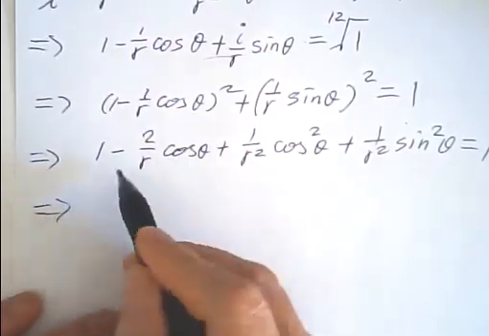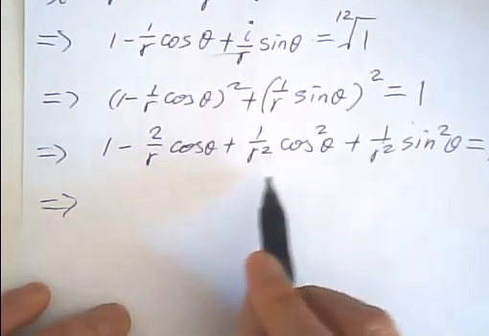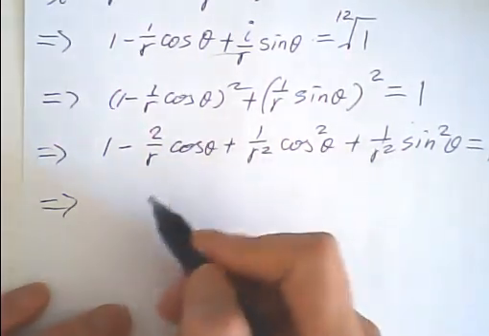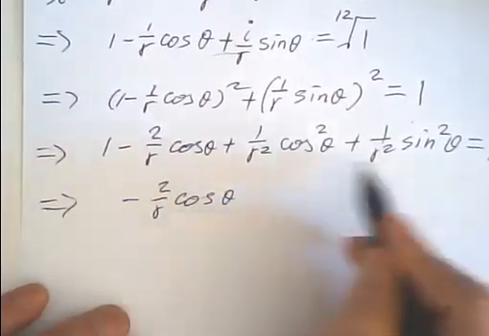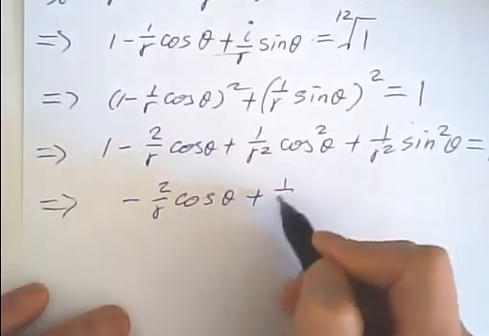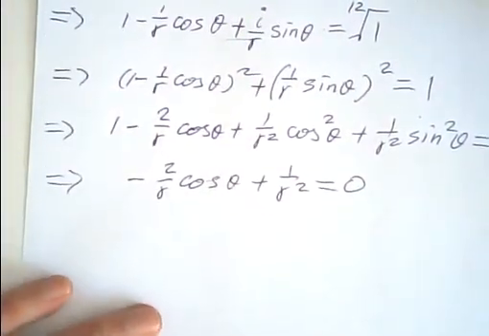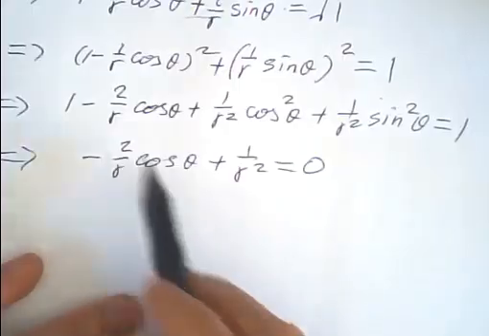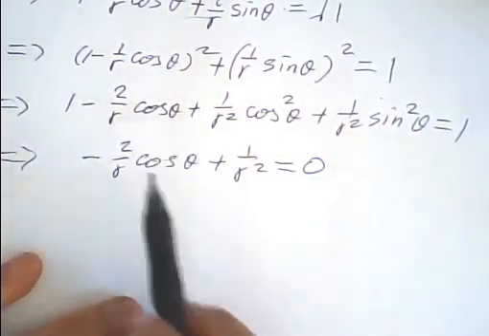And 1 cancels out, right? This one plus this one is equal to 1 over r square. 1 cancels out. This plus this one is this.